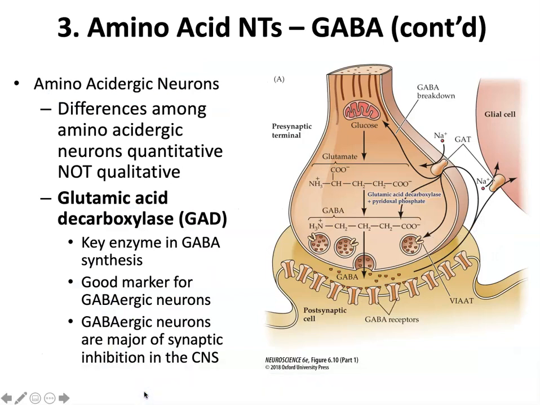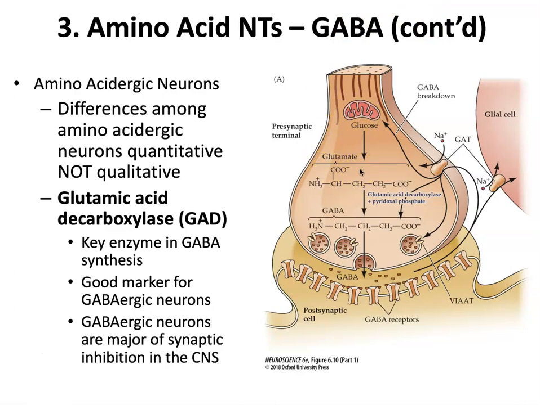So if we take a look at the biosynthesis of GABA, we essentially start with cell metabolism. And so the byproducts of glucose from the tricarboxylic acid cycle or the citric acid cycle will result in the production of glutamate.